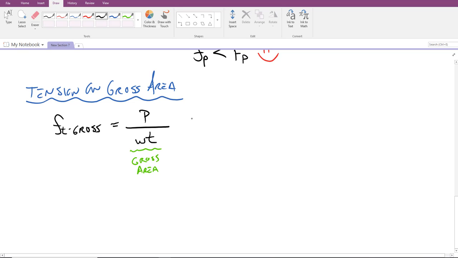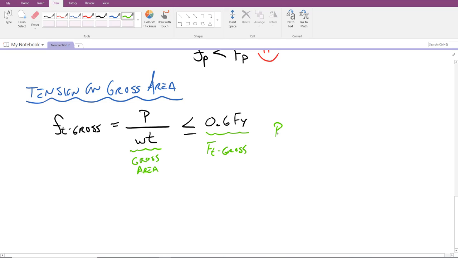And all of that has to be less than or equal to the allowable tension. We'll go ahead and just substitute that in. And it's 60% of the yield stress. That's what gives us our allowable tension for the gross area.